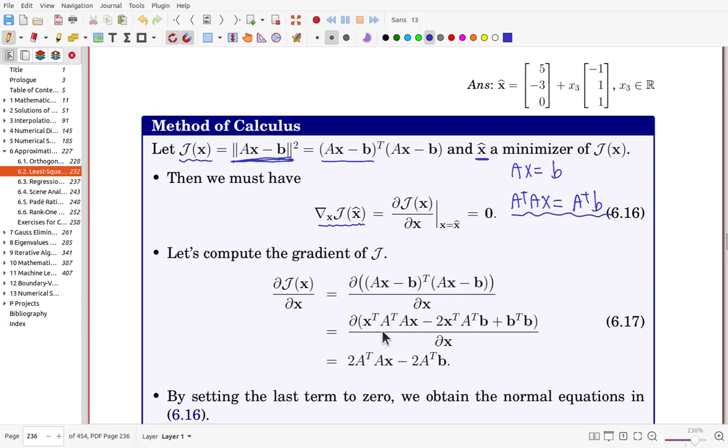You can do it in detail, but you may think of these as scalar values. For example, that is like a transpose a times x squared, so the x derivative, for this x squared, is 2x.